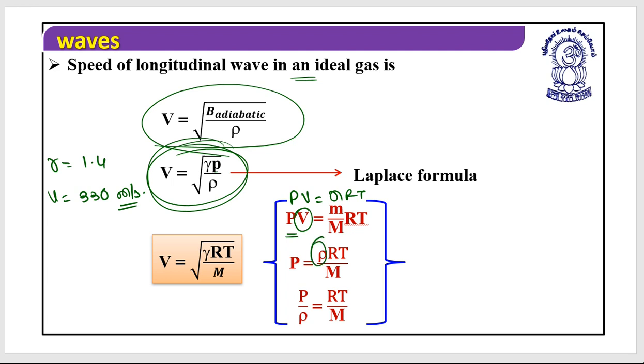So P by density equals RT by M, and therefore v equals the square root of γRT by M. I hope this is clear. Please keep this noted. We are going to use this soon, and there will be questions based on this.